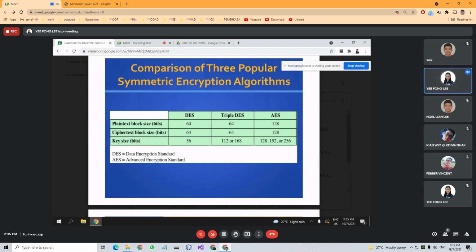You might wonder, plain text is 64 bits for DES, cipher text also 64, but how come the key size is 56? Why are some bits missing there? This is part of the algorithm. They have to take out bit number 8 from each byte, that's why the number of bits is reduced.